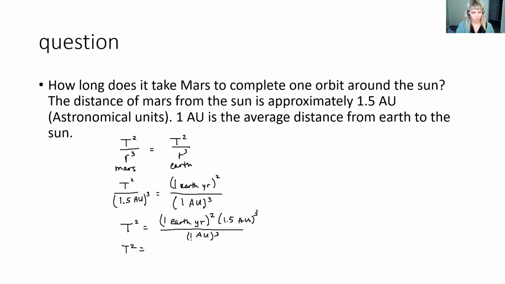And if I divide that by 1 AU cubed, that just becomes 3.375. So divide by 1 Earth year squared. Now I'm going to take the square root of both sides.